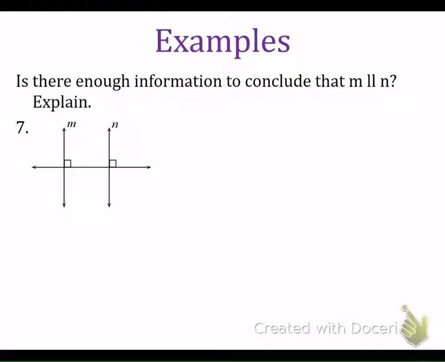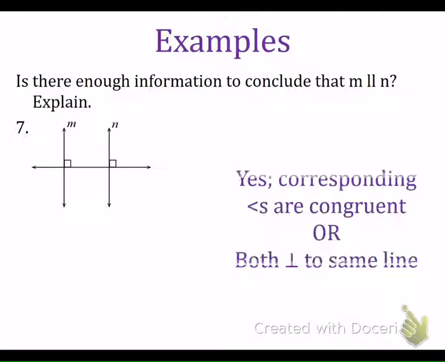Okay, number 7, same old question. Are the lines parallel? And you're saying yes, because of the two boxes, which equal 90 degrees. There are actually 2 ways to prove this.